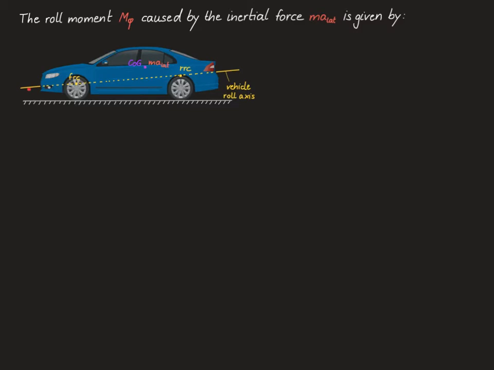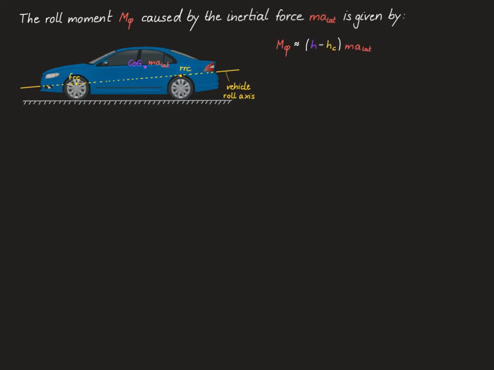The yellow axis that passes through the front roll center and the rear roll center is the vehicle roll axis, and the inertial force m times a lat acts on the center of gravity from the other side of the vehicle.